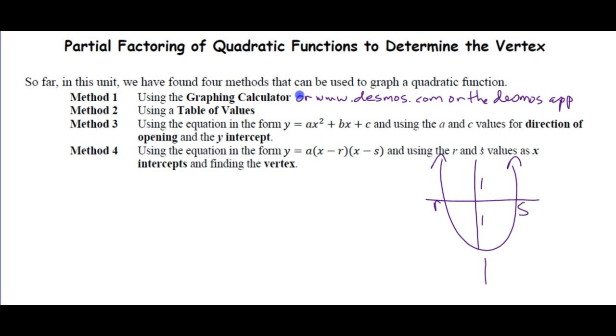There's your axis of symmetry. So the x value would be r plus s over 2. When you have the x value, you plug it into the equation. Or you might have to work out an a value, and you need one other point, maybe the y-intercept or something. Get the a value, plug all of those in with the appropriate x value, get the y value, and you'll know the coordinates of the vertex.